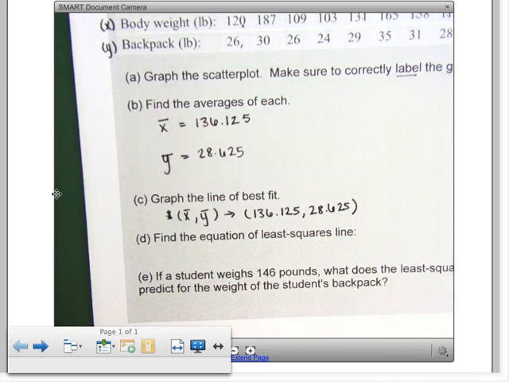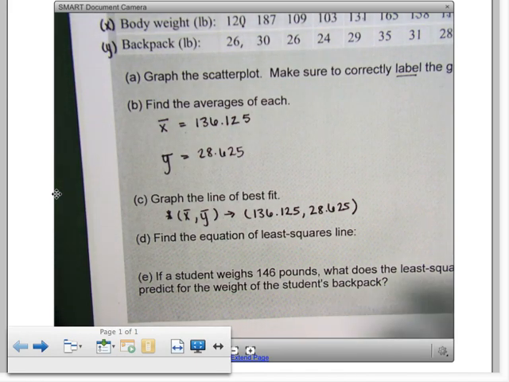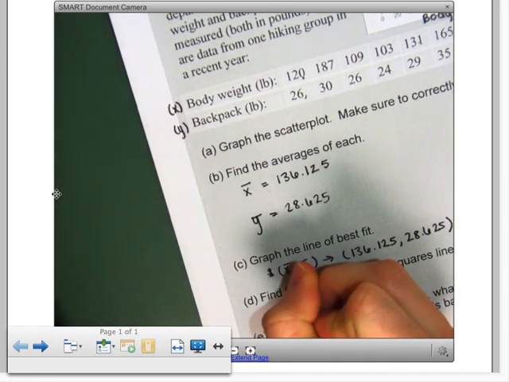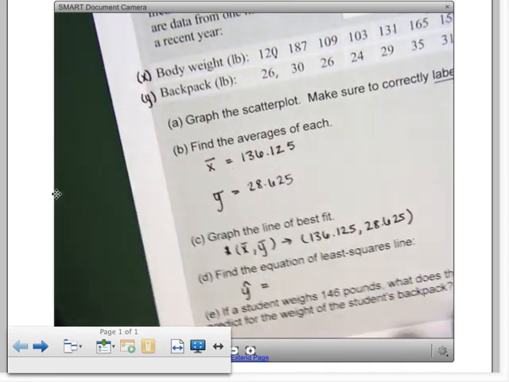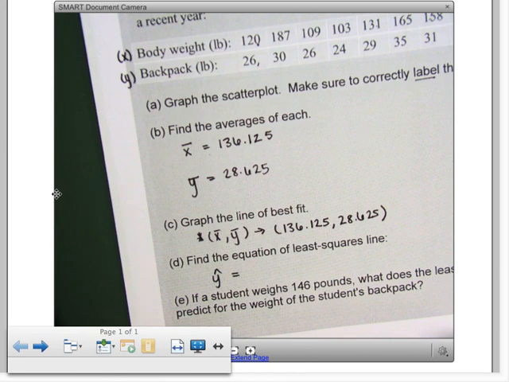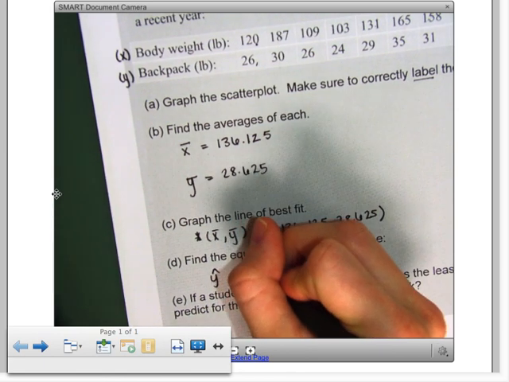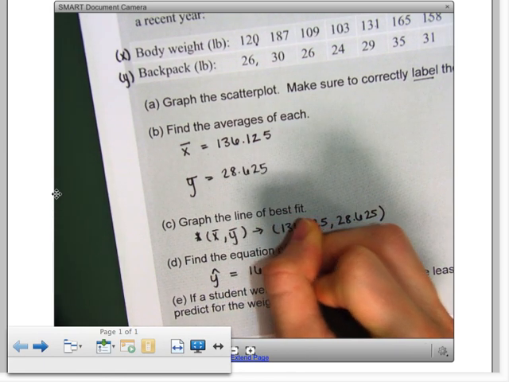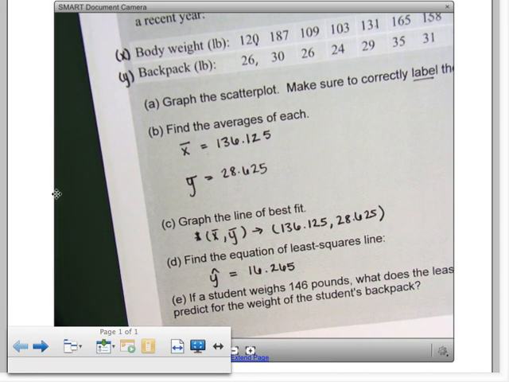Okay, so go ahead. We know the equation of the least squares line is y hat equals a plus bx. So if you look on your calculator, a is 16.265. I'm just going to go to 3 decimal places.